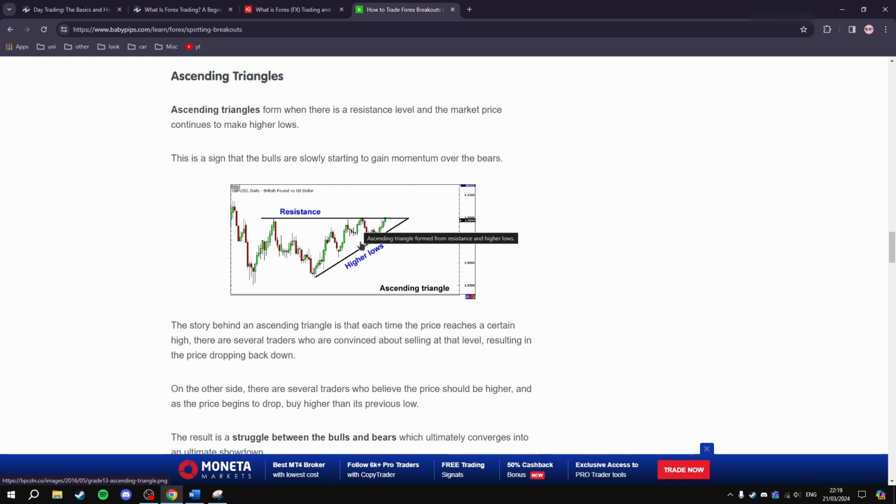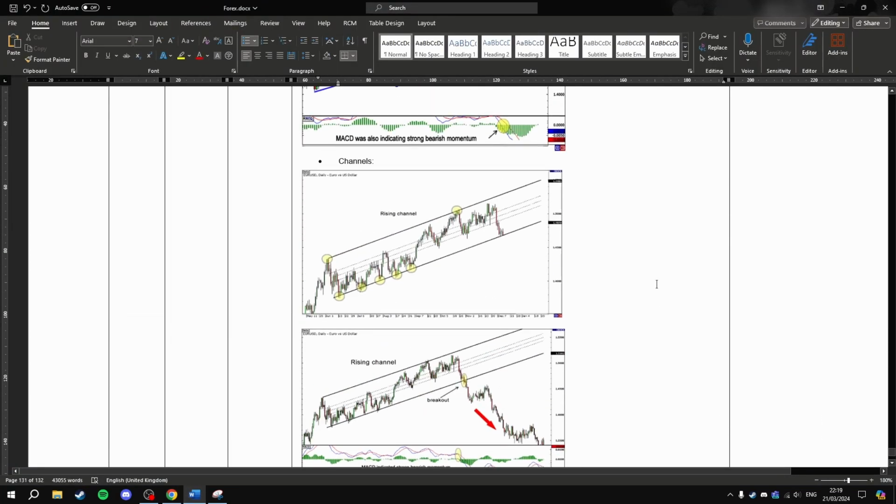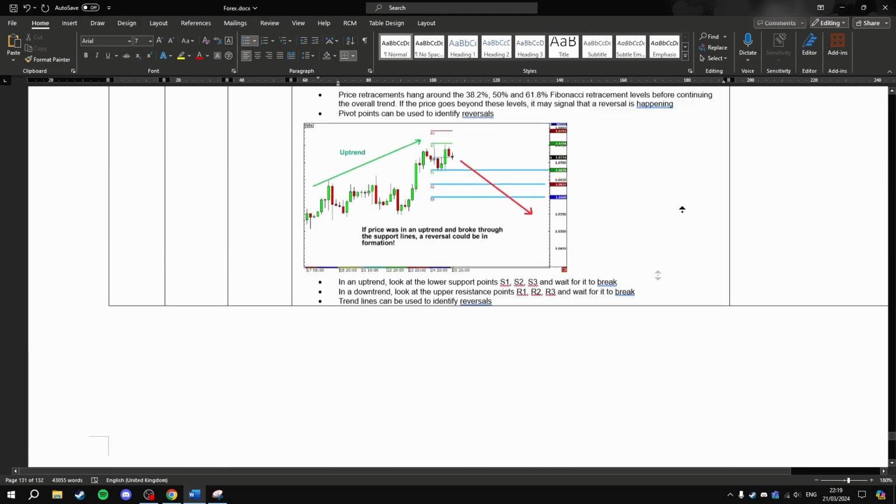Wait, that pattern over here, that looks similar, doesn't it? The ABCD pattern, I think that's called.